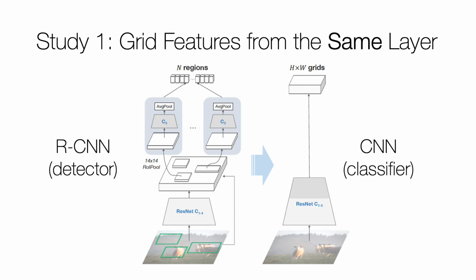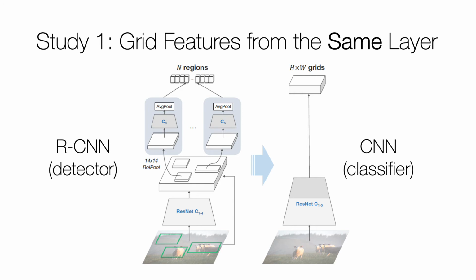Given the basic setup, the first study is to directly check the most naive way of converting the region features to grid ones. Here, minimum amount of change is our friend, as this can give us the fairest comparisons. So what we did is to use the same training setting for Faster R-CNN and only convert the detector back to a normal ResNet classifier during testing time.